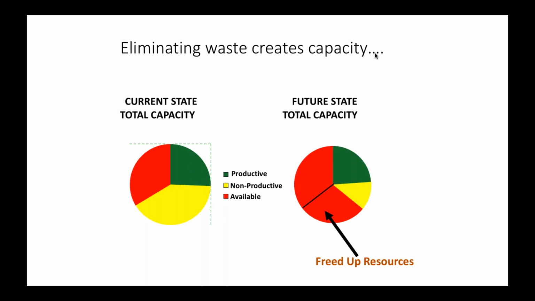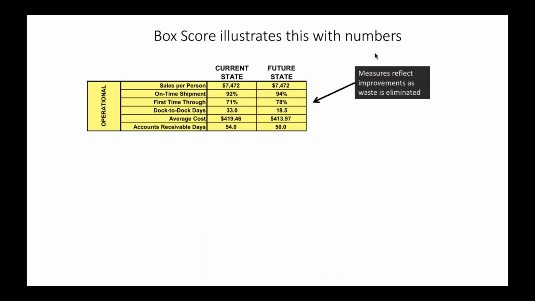Now, the real question when you get into the analysis of the box score and the financial impact of Lean is, how does it show up on the box score? So in this example, we see improvements in on-time delivery, improvements in quality from 71% to 78%, and improvements in flow where the days of inventory go down from 33 days down to 18 and a half days.